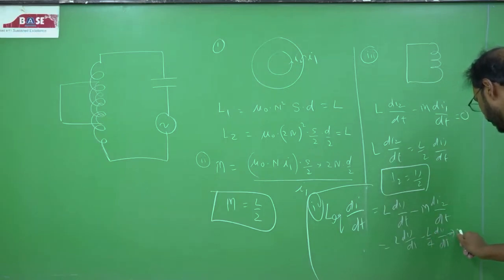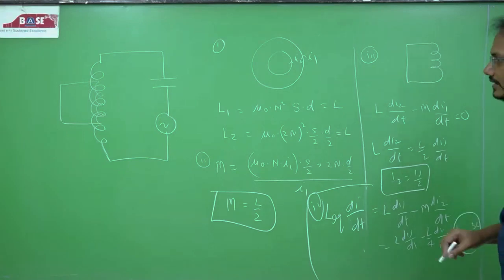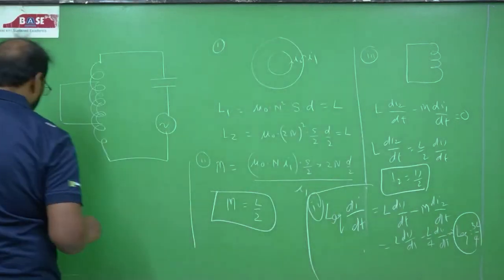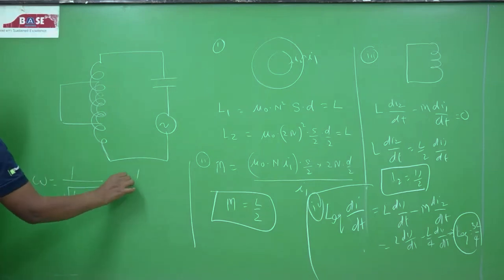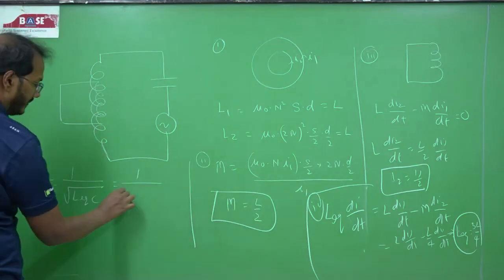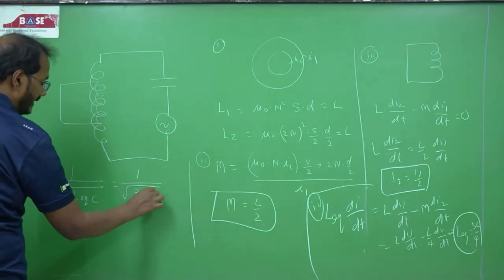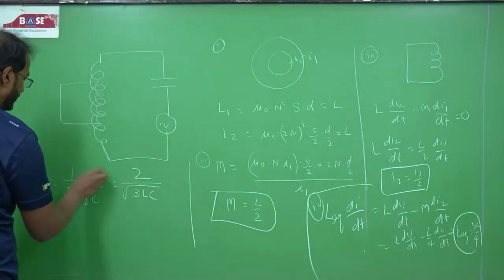So here we got L equivalent is 3L by 4. So omega is 1 upon root of L equivalent into C, that is 3L by 4 times C, so 3LC, and this one.